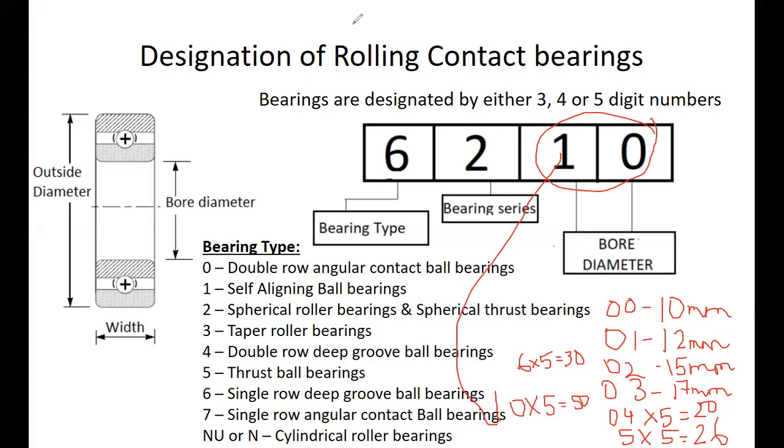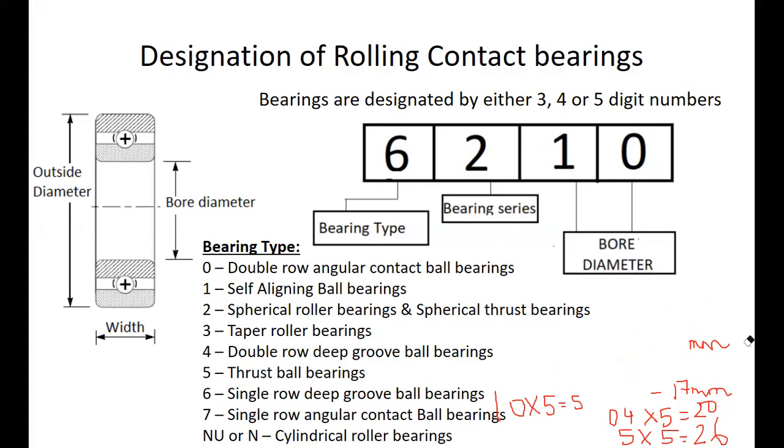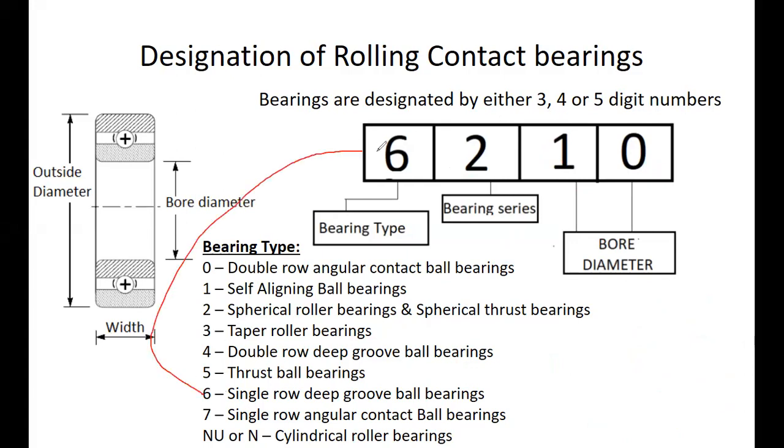So guys, ultimately, if I see this whole number 6210, then what conclusion should I come to? I should conclude that this is a single row deep groove ball bearing. Since it is 2, it is a light series bearing.